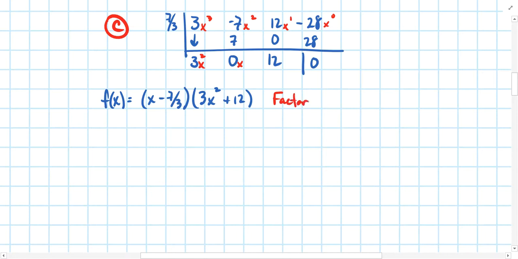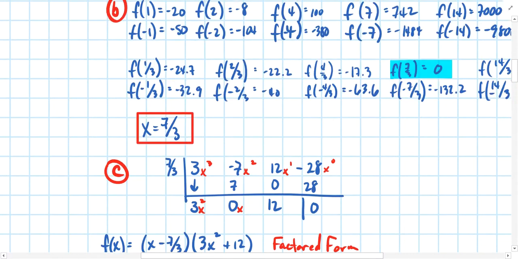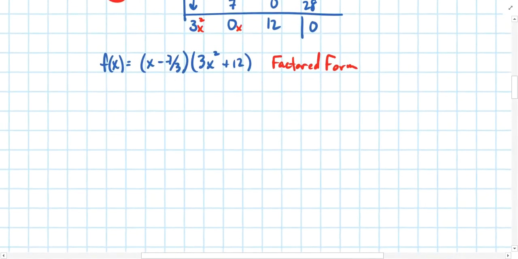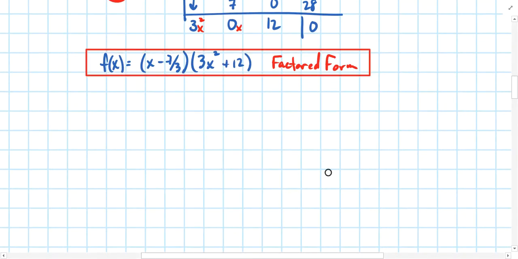I know that this is the factored form because if it was able to be factored any further, we would have spotted rational zeros. Let me try to write this down. I can't write and talk that well right now. But if there were further factors here, we would have spotted them in this list. There are no other factors, so I'm confident in stating that this result here is the factored form of the original polynomial.